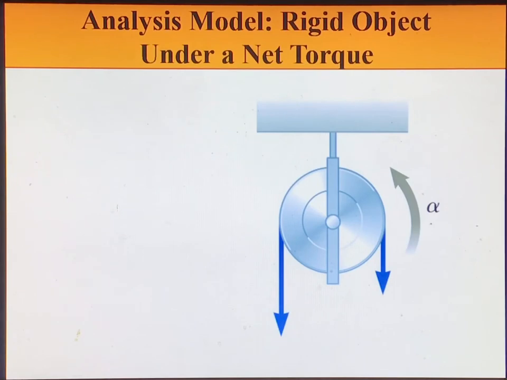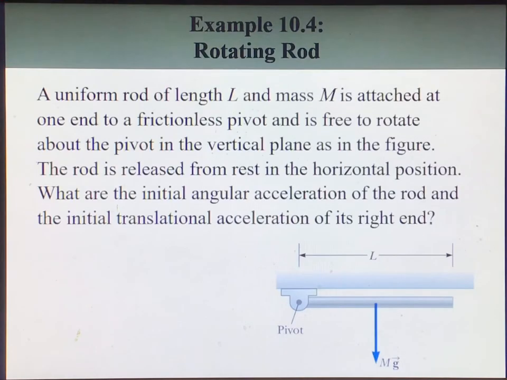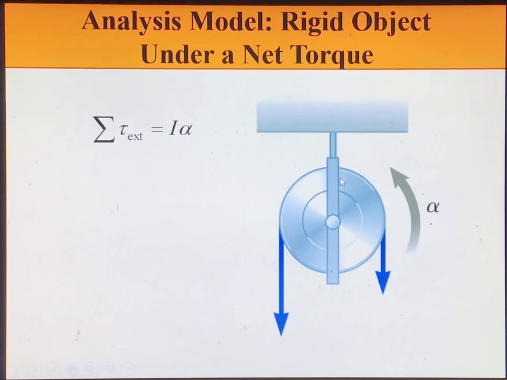All right, so now we're going to see how we can apply some of these concepts to solve problems. If you give me any system, and I know the sum of all the torques acting on it, then I can use this equation to calculate the angular acceleration.